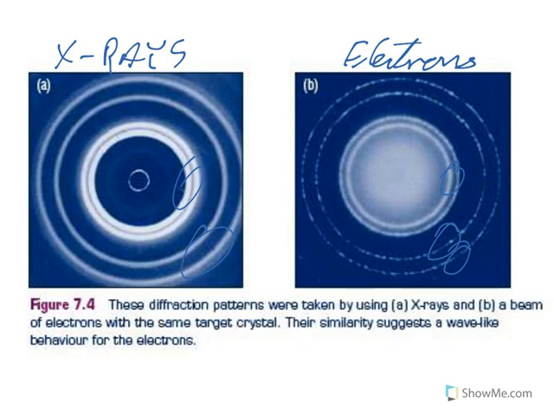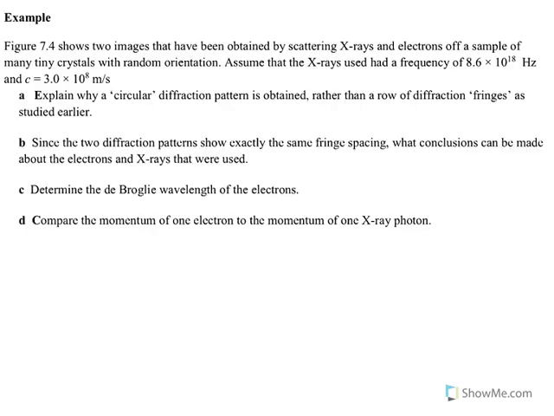Only relatively recently have electrons been able to show diffraction patterns, and now there are some other patterns being shown with heavier particles. The image I just showed is the one referred to here, 7.4: scattering X-rays and electrons off a sample of tiny crystals. The X-rays used have the given frequency and speed of light.